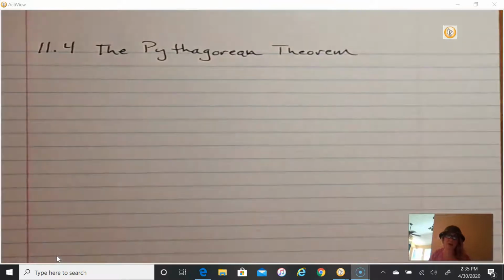I think we're going to forego the rest of chapter 12, only because teaching you from a distance, I have to be kind of selective on what I can do. The Pythagorean theorem is not impossible. The section in chapter 12 about special right triangles is not impossible either, but it's going to require a little more hands-on and one-on-one than I think your parents are going to want to deal with.